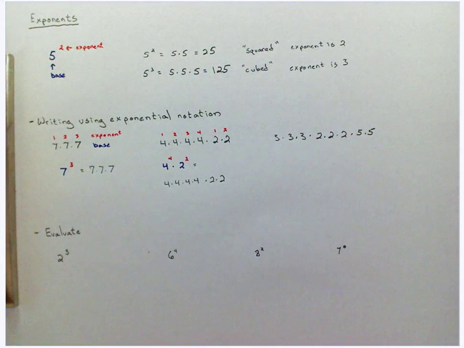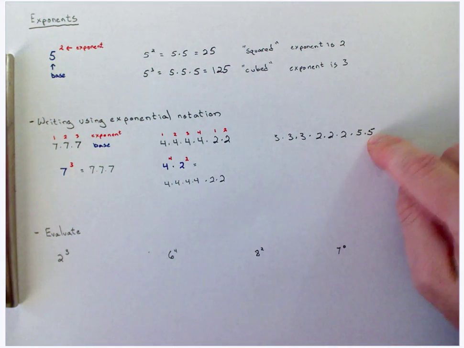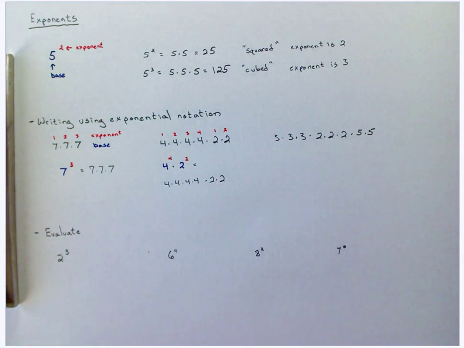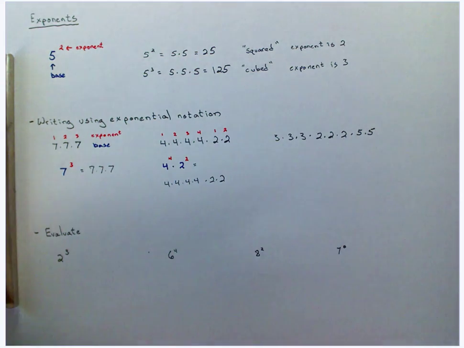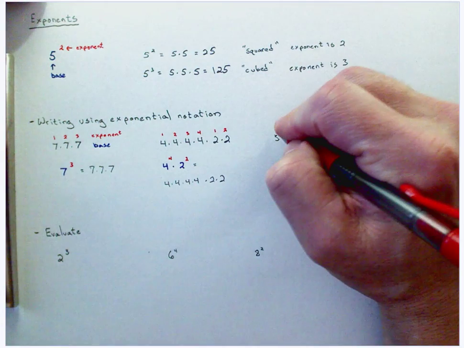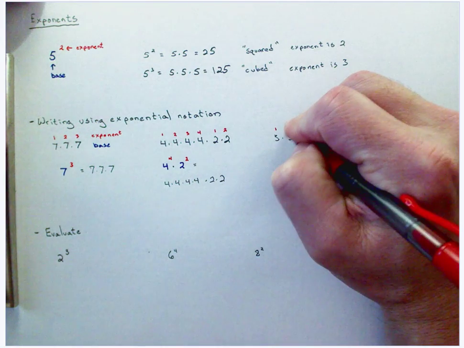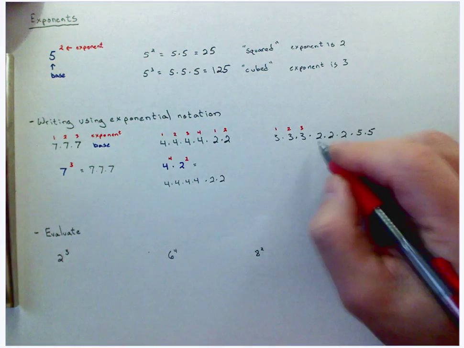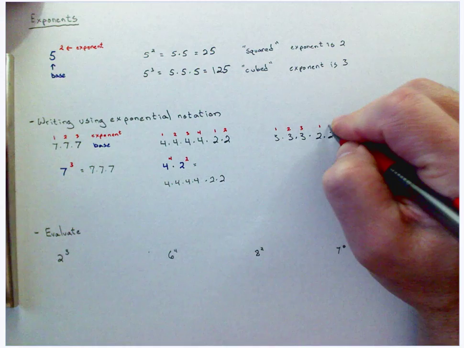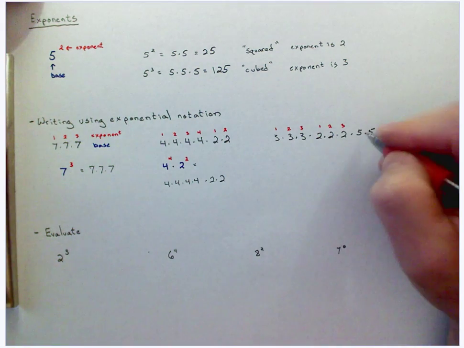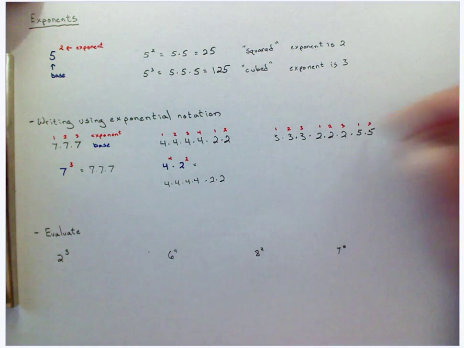Alright, pause the video and see if you can solve this one. Alright, for my base of 3, I have 1, 2, 3. For my base of 2, I have 1, 2, 3. And for my base of 5, I have 1, 2.